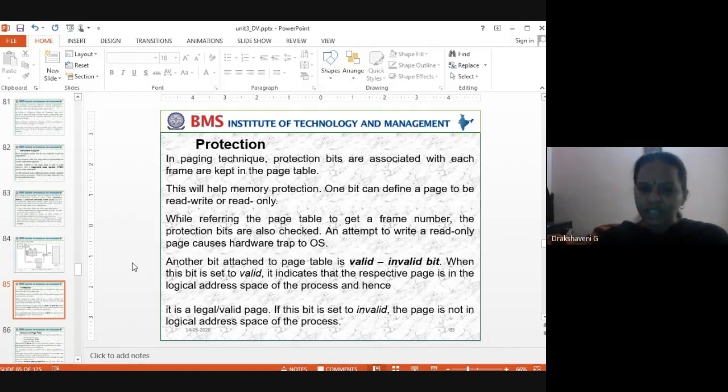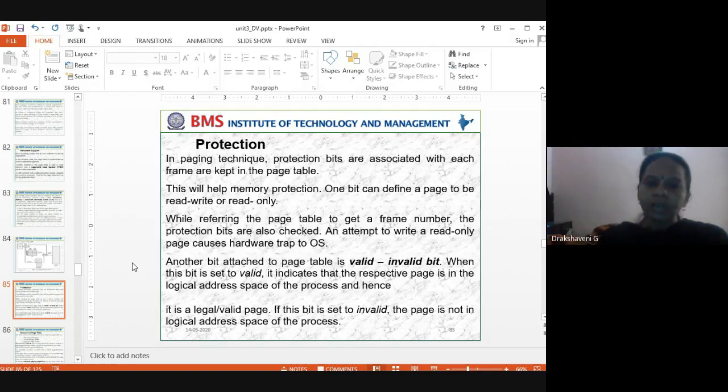While referring to the page table to get a frame number, the protection bits are also checked. An attempt to write to a read-only page causes a hardware trap to the OS. Another bit attached to the page table is the valid-invalid bit. So I should check whether it is valid or invalid.